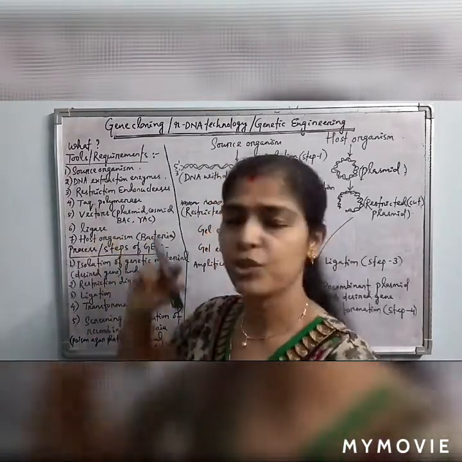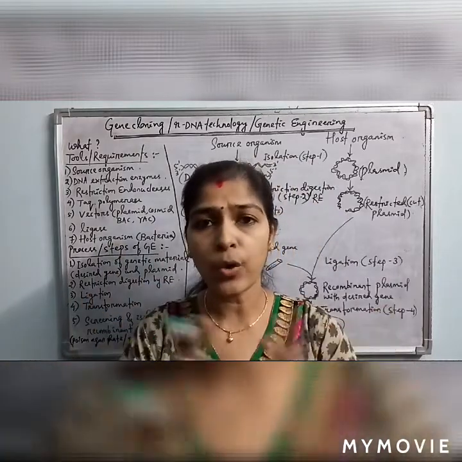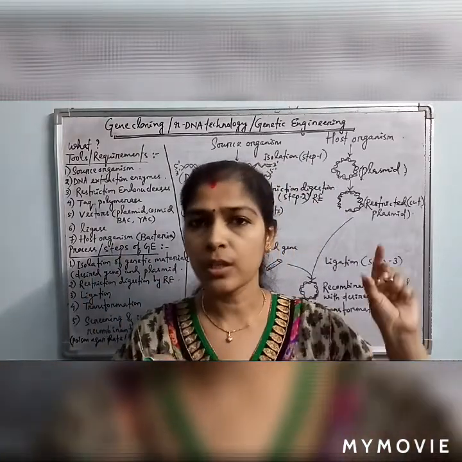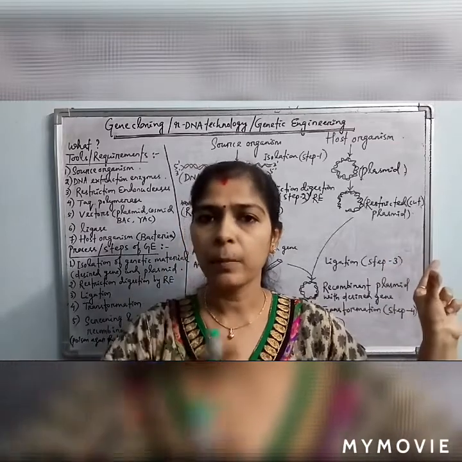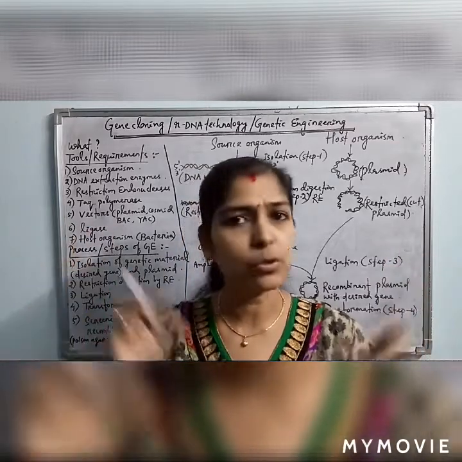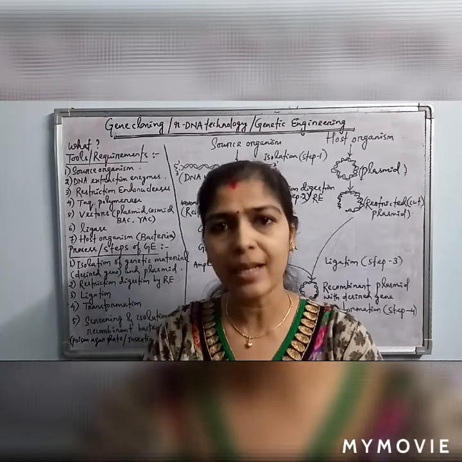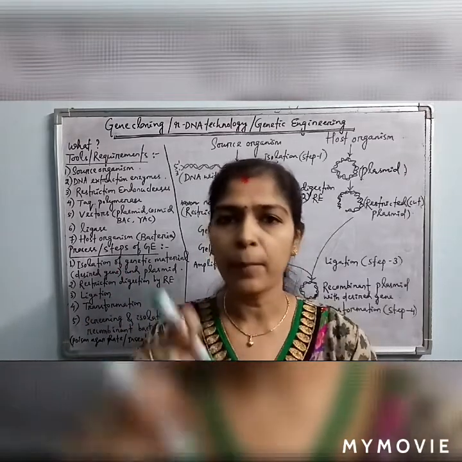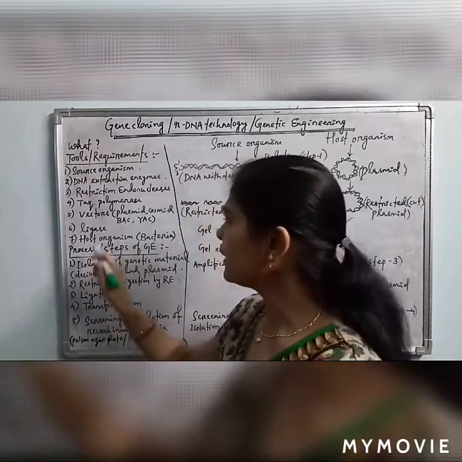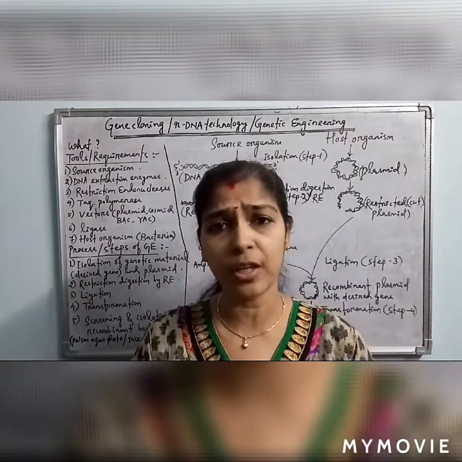And ligase. Ligase is the enzyme which joins or ligates the restricted plasmid vector along with the desired gene extracted from the source. Ligase enzyme forms a 3' 5' phosphodiester linkage between these two to form the recombinant plasmid. Then the host organism. What is the host organism here?